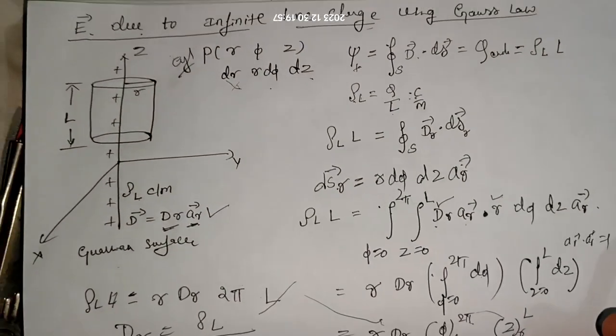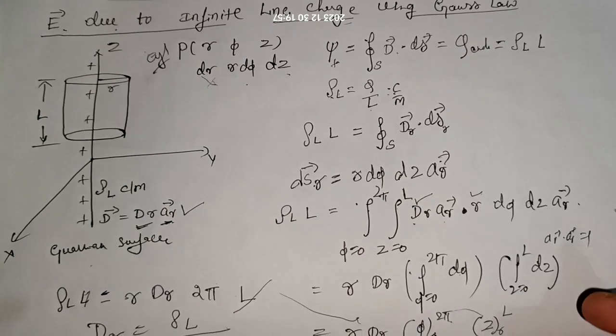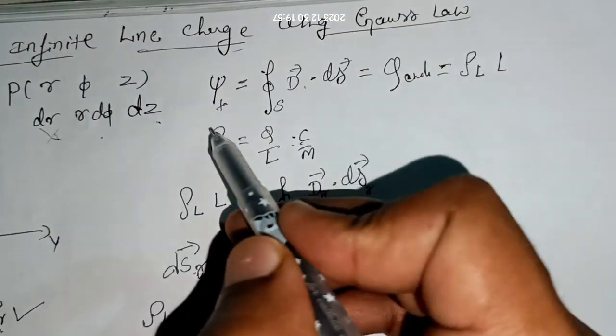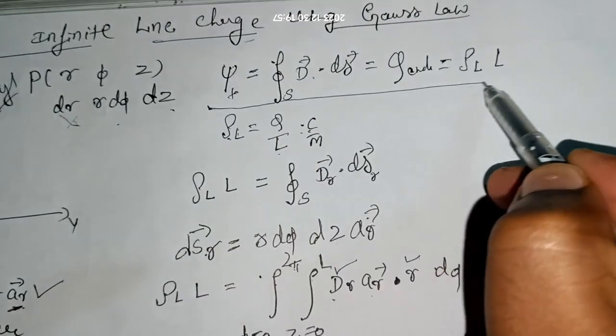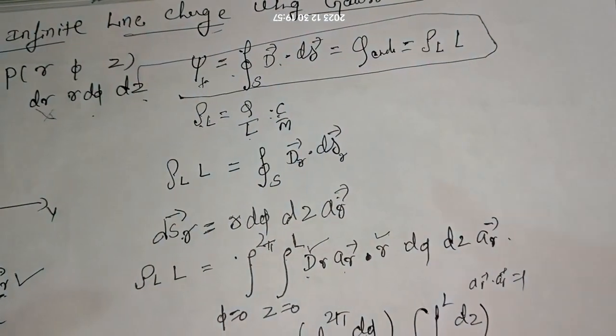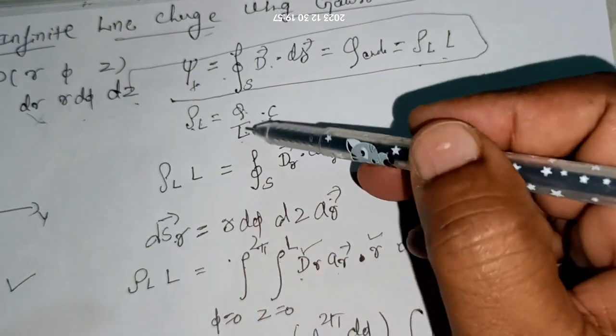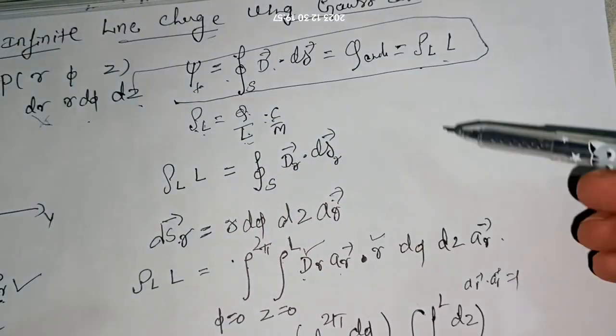Initially it looked like, how should we do this, E due to infinite line charge using Gauss law. The very important thing is that we have used Gauss law, psi equals D dot dS, and Q enclosed as rho L into L, and with the help of this analogy we have solved it.